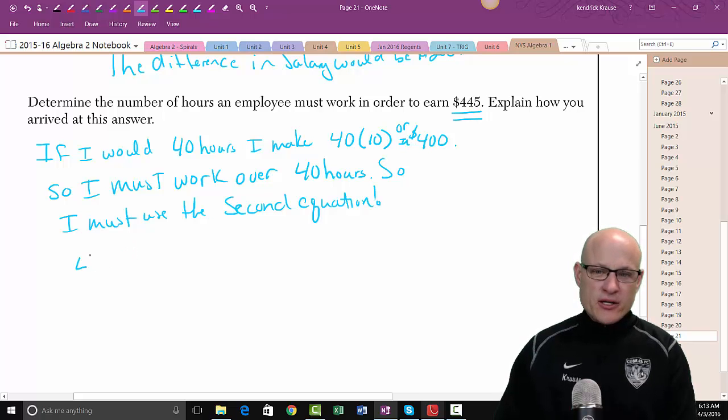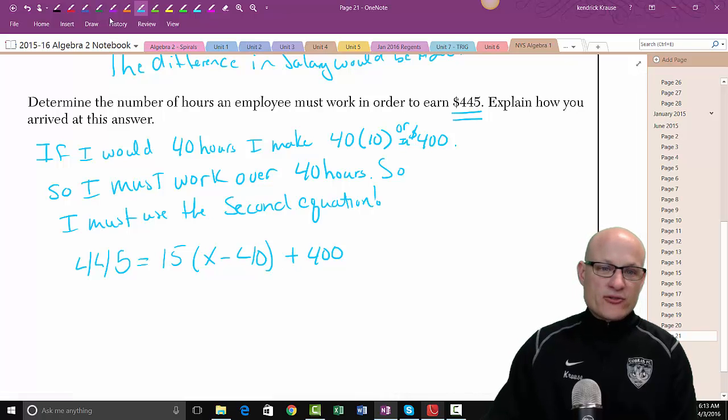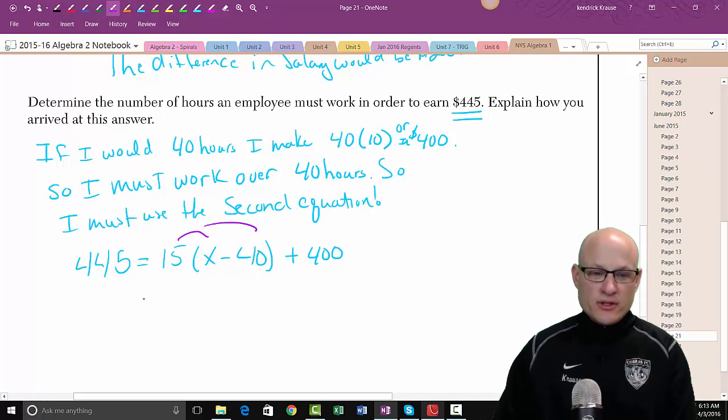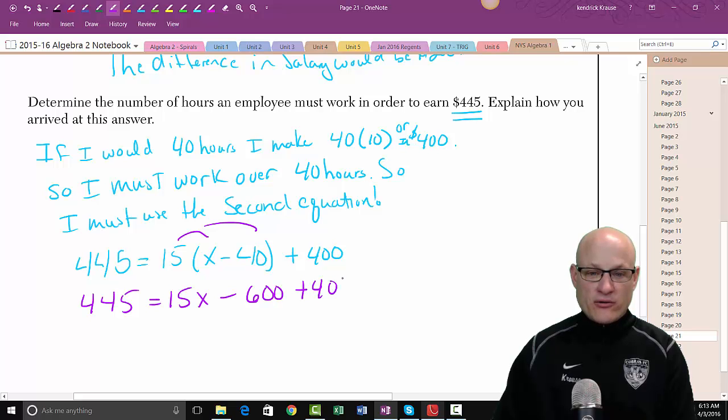So we want to make $445. It's equal to 15 times x minus 40 plus 400. If I distribute the 15, I get 445 equals 15x minus 600 plus 400.